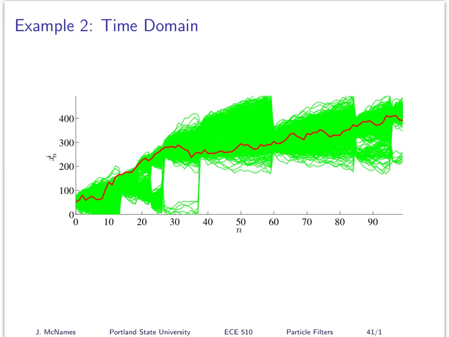You can visually see what's happening here. This is the initial state with a certain distribution, and as you move forward, the trajectories, and this is a plot of the trajectories, not the wave, all sort of propagate on their own, and because this is a random walk model, they naturally diverge, as you would expect. They're all just propagating according to the state model in this case.